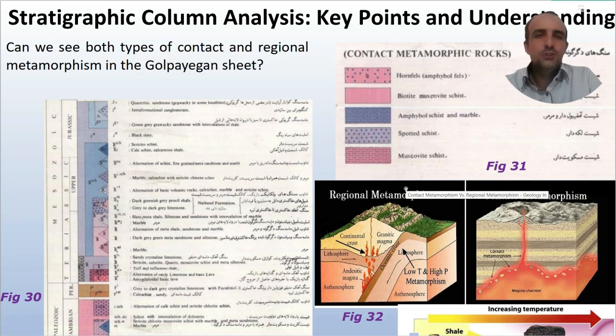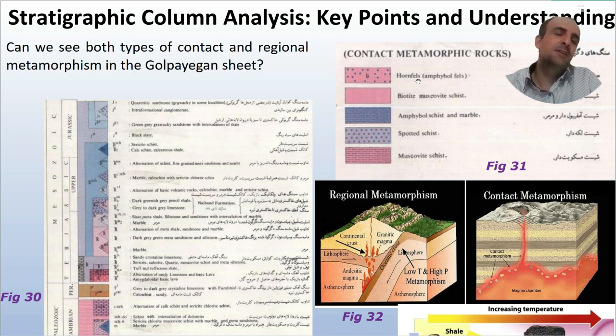In the Gulpaigan geological maps, it can be extracted which kind of metamorphic rocks are present. As you can see, the geologists show us the contact metamorphic rocks. The first one is the Hornfels. Hornfels is a very typical rock and a very typical indicator for contact metamorphic rocks.